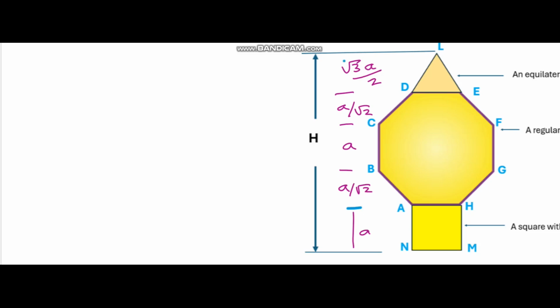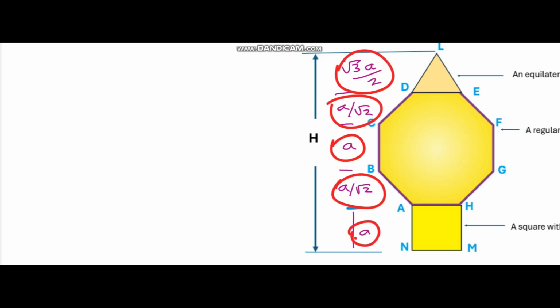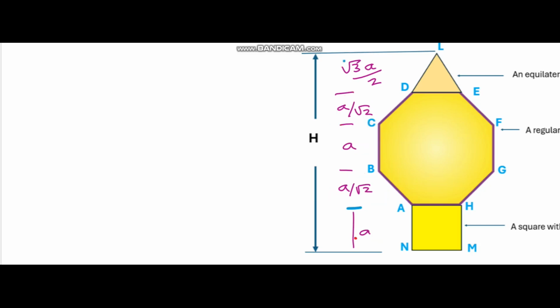So if we add all this up, we should get H. So we have A here, A here, A over root 2, A over root 2, root 3A over 2. We worked all this out. So if we add all these together, we should give H.